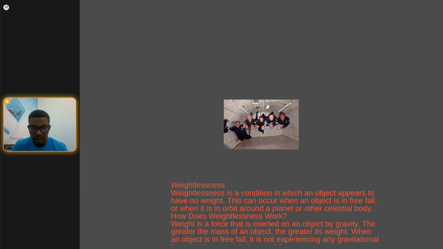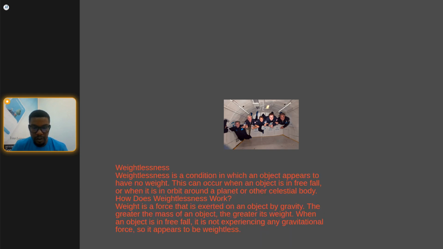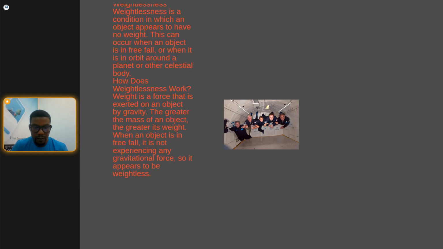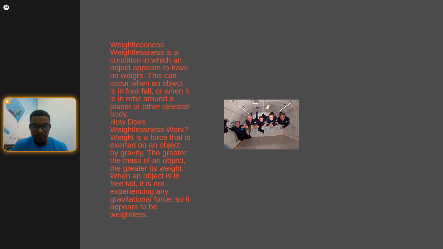So the definition of weightlessness. All right, okay. So let's work with this. Now we have weightlessness as the next thing we are discussing.